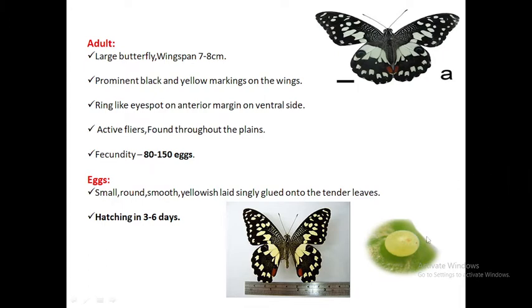The eggs are laid singly. There is no bunching or grouping. Single eggs will be laid and attached to the surface of the leaf, and the larva will hatch out from this egg 3 to 6 days after egg laying.